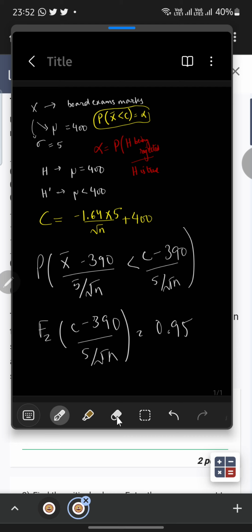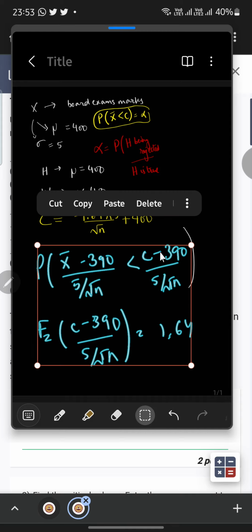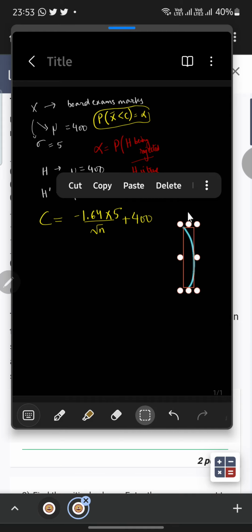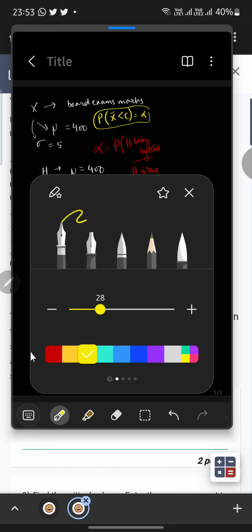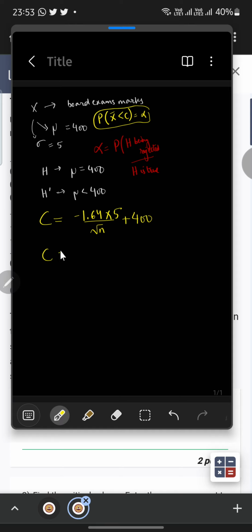We can rewrite it again. It is 1.64, multiply it, and we again get a C here, and the new value we get is C equal to 1.64 upon root n into 5 plus 390.